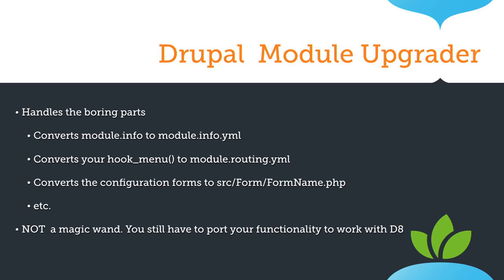It converts your module info into a YAML info file, it will convert your hook menu into routing, and it will convert your forms, but your logic will still need to be converted to the new version. Mostly, I would say that you should think of your code as a rewrite and use this as the first step in that rewrite.